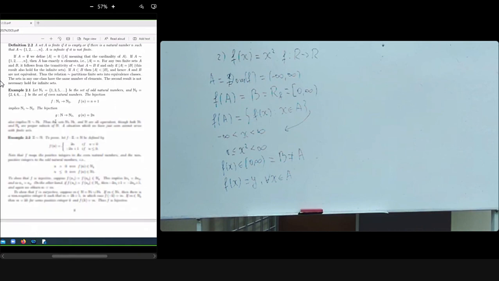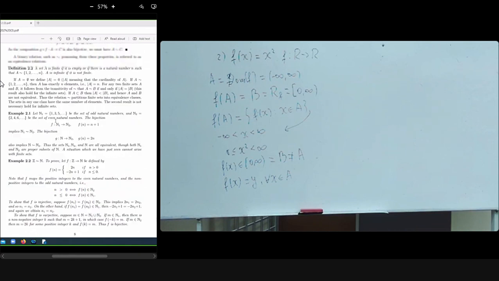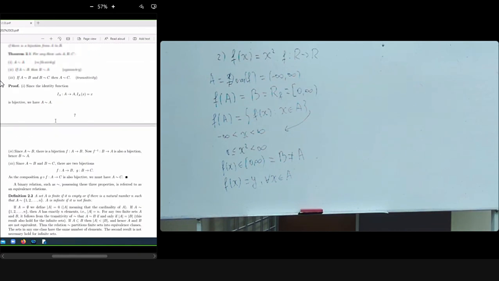Now, okay, you see, the proof I think is proper, because when we say set A is equivalent to B, it means there is a bijective function between them. If f is a bijective function, f minus 1 is also a bijective inverse function.